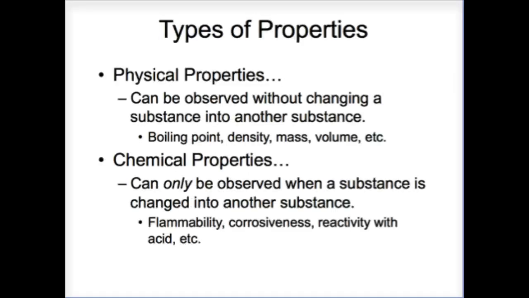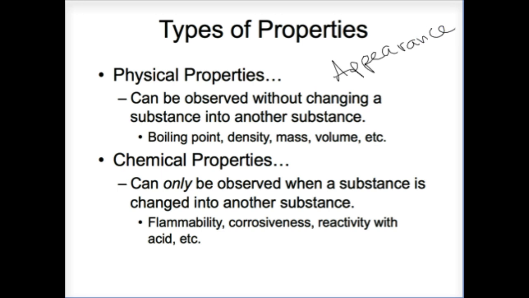Next idea then, physical and chemical properties. Now, physical and chemical properties are huge because it is this difference that both allows us to distinguish different types of matter and ultimately to separate them out or produce new things. The main thing to remember about a physical property is keep it simple. It's appearance. When we talk about a physical property, usually I can describe it by looking at it.